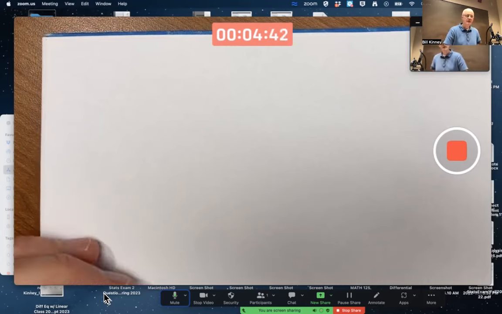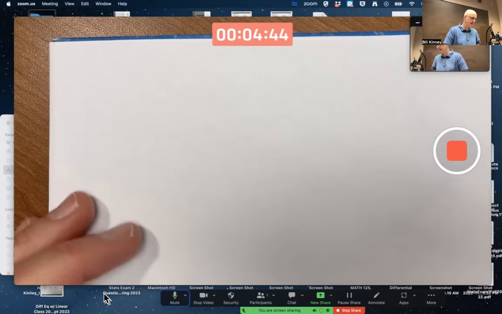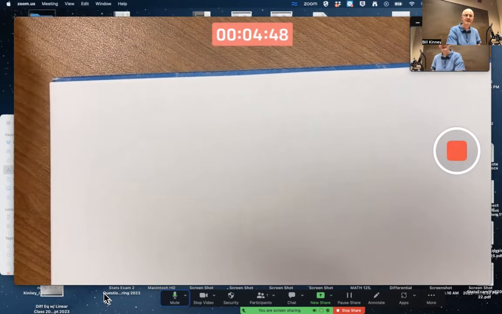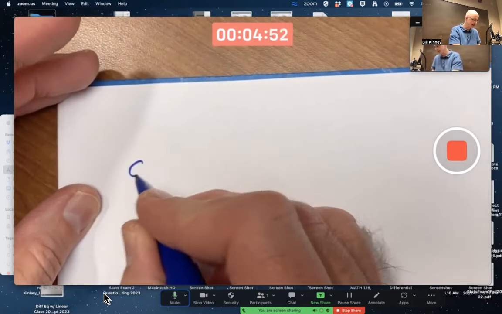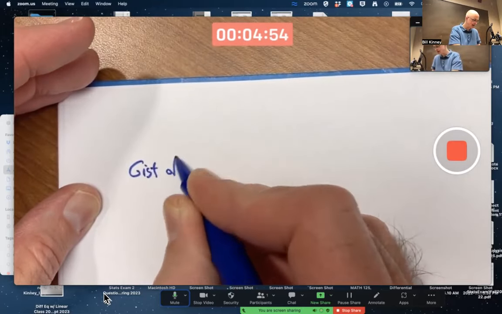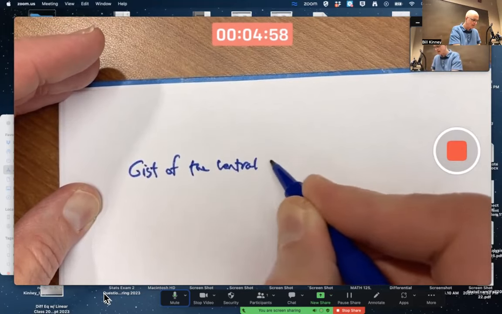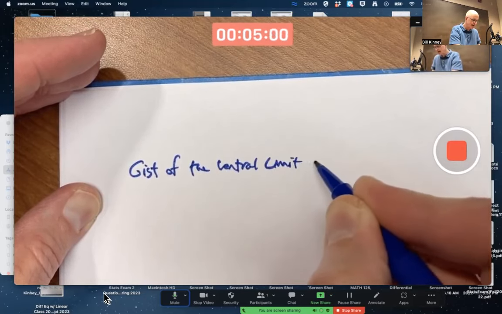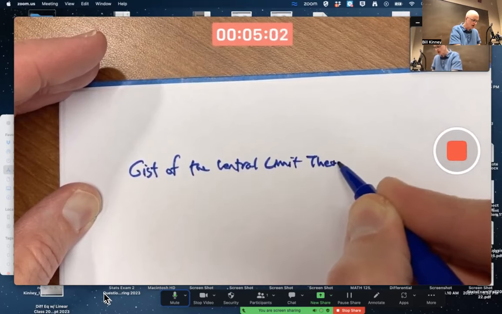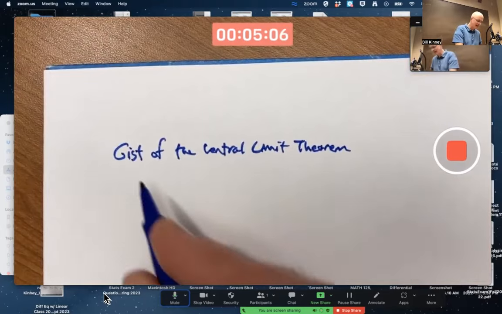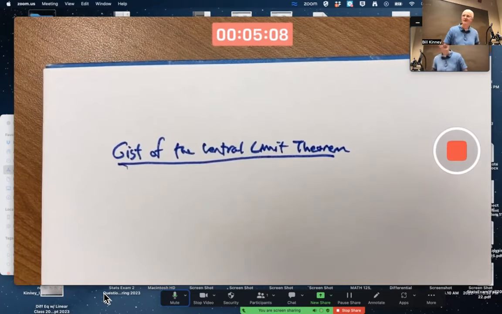I think it would be good to start today by talking about the central limit theorem in more detail, not proving it, because again, as we're stating it, it's really not a theorem. We are essentially just saying the gist of the central limit theorem. We're using words like large and approximately within a theorem, which technically is not a good thing.